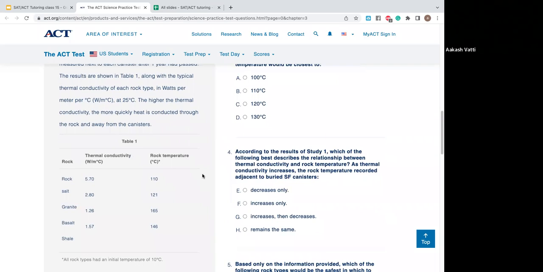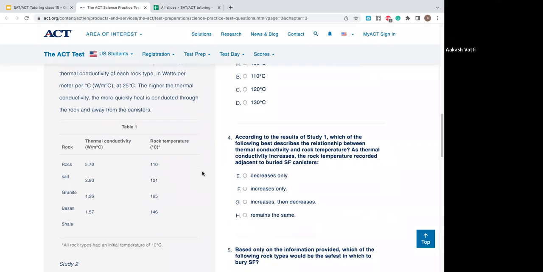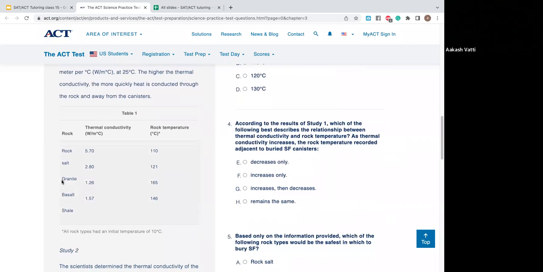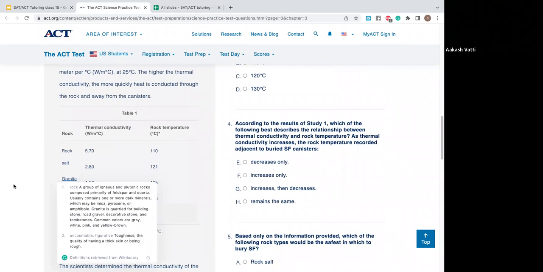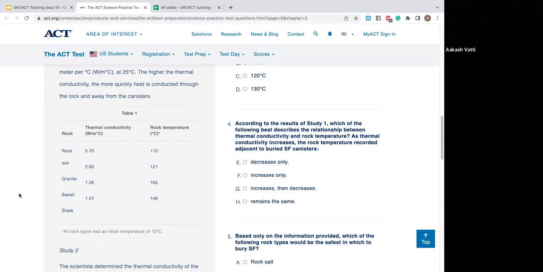So in table 1, the thermal conductivity of rock salt is 5.7, and the rock temperature is 110 degrees Celsius. Granite is 2.8 with a rock temperature of 121. Basalt is 1.26 thermal conductivity and had 165 degrees rock temperature.